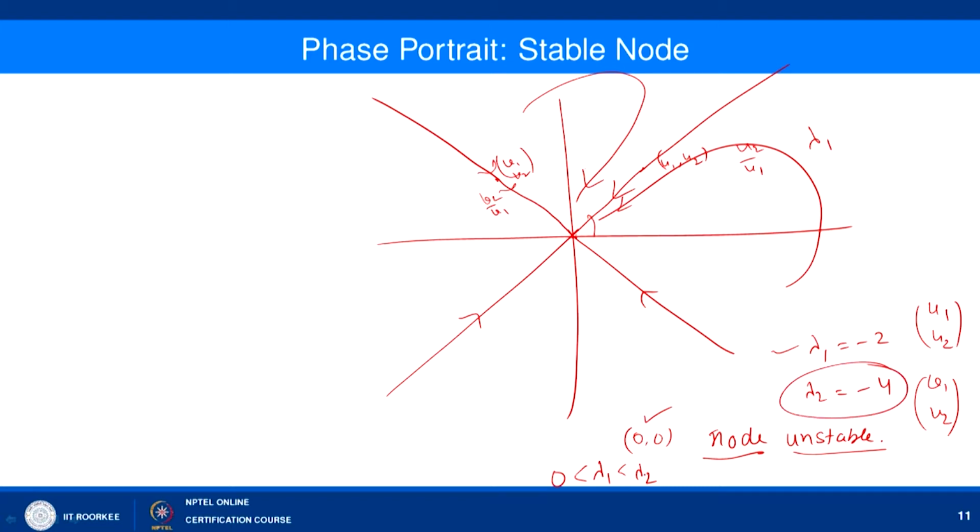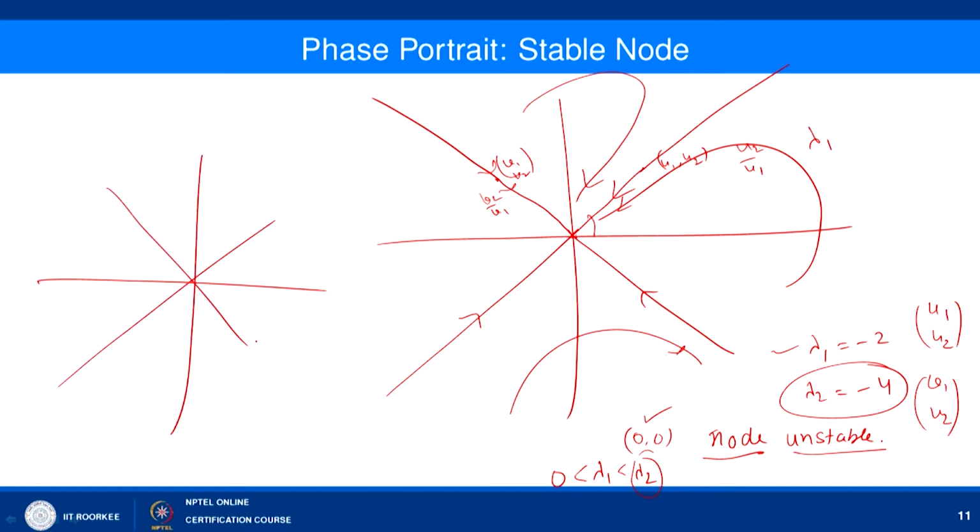So, it will tend to infinity along this line, is it okay? Let me write it here. This line corresponds to lambda 1, and we have u1 comma u2 on this line, and the slope of this line is u2 upon u1. This corresponds to lambda 2, and the slope is v2 upon v1, where v1 and v2 are two points lying on it. Now all solutions are moving away from the origin, and this lambda 2 is bigger than lambda 1.